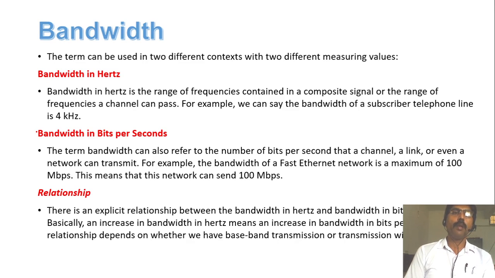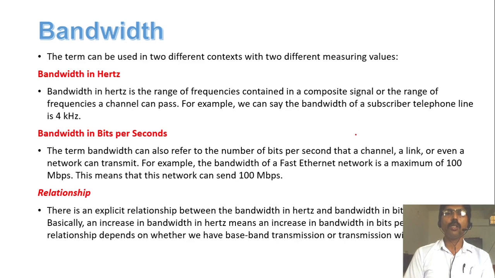The first one, bandwidth in hertz. Bandwidth in hertz is the range of frequencies contained in a composite signal. That means in one composite signal, how many different frequencies of simple sine waves can be added, or the range of frequencies a channel can pass. That is called bandwidth in hertz.